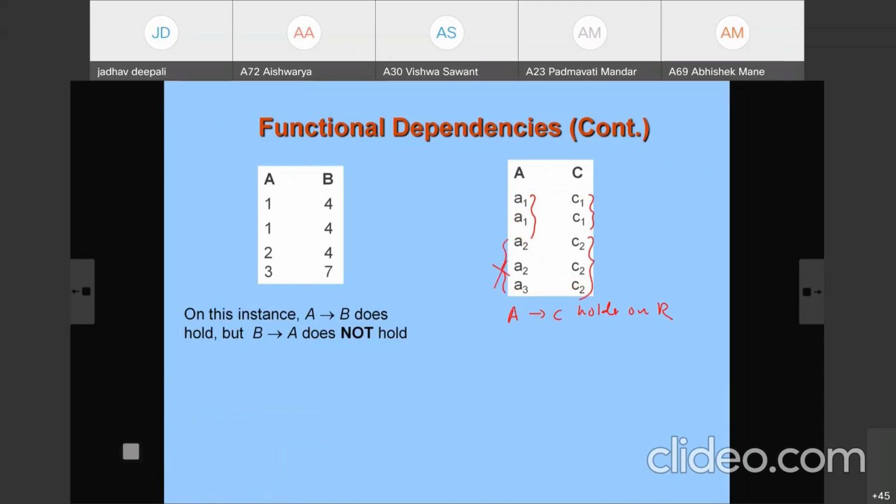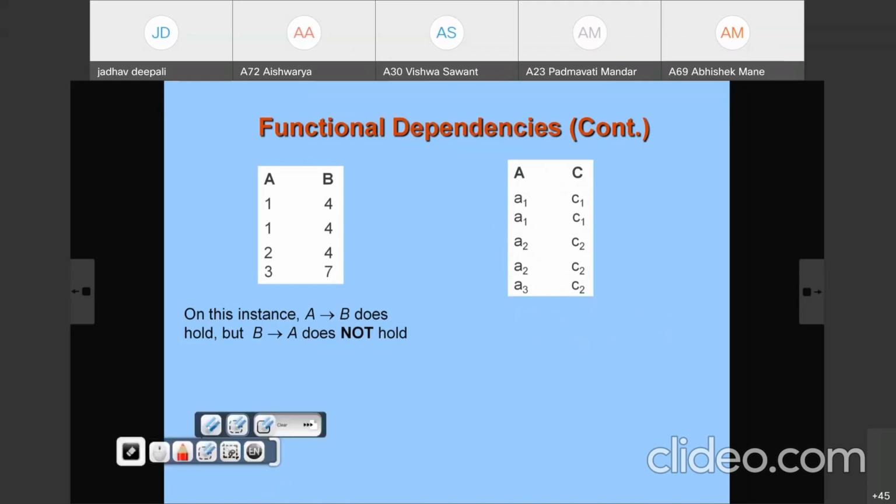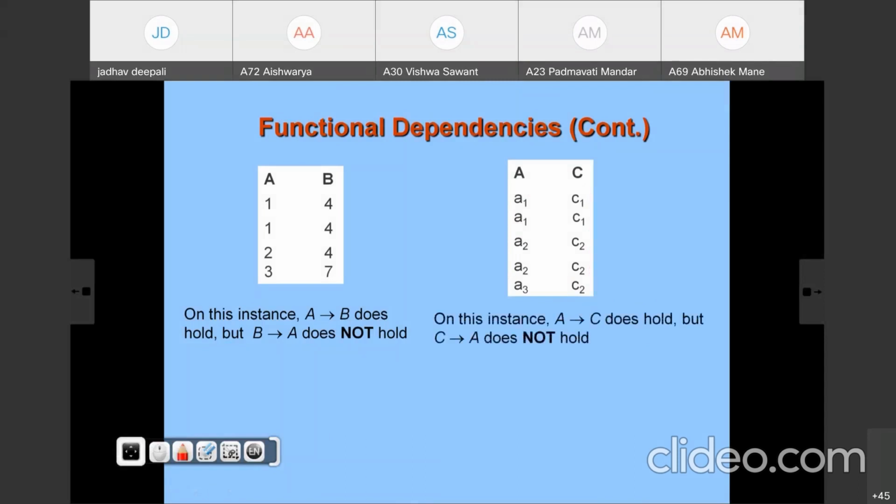And that's why C tends to A does not hold on relation R. That is the simple concept of functional dependency. On this instance, A tends to C holds, but C tends to A does not hold.